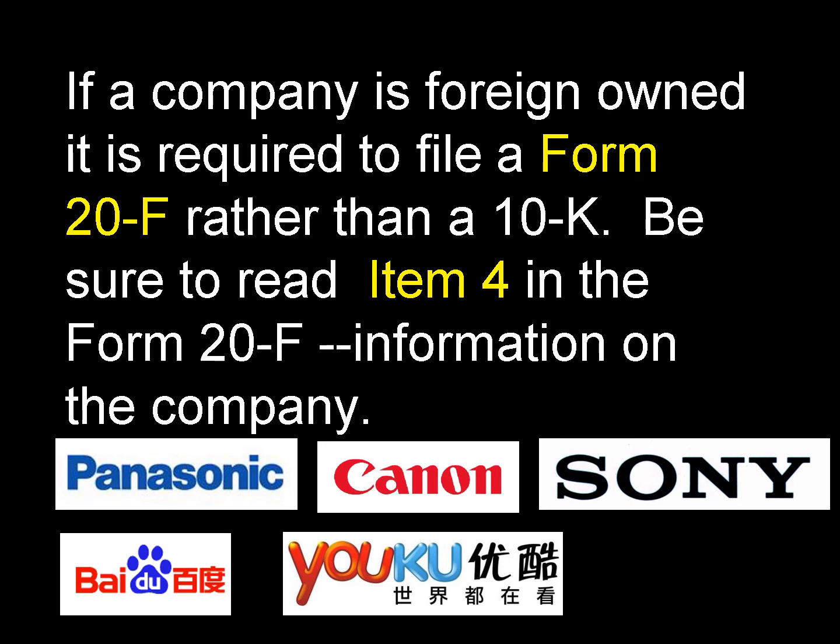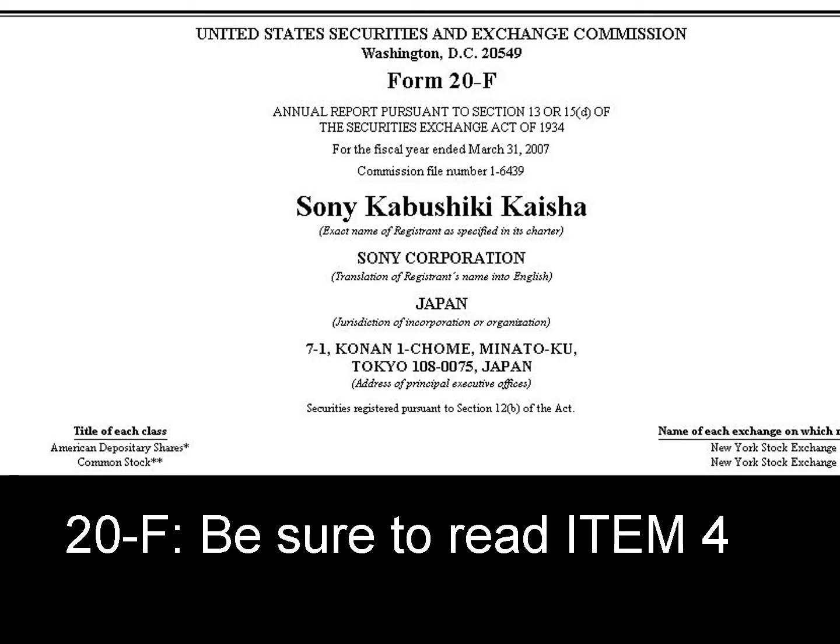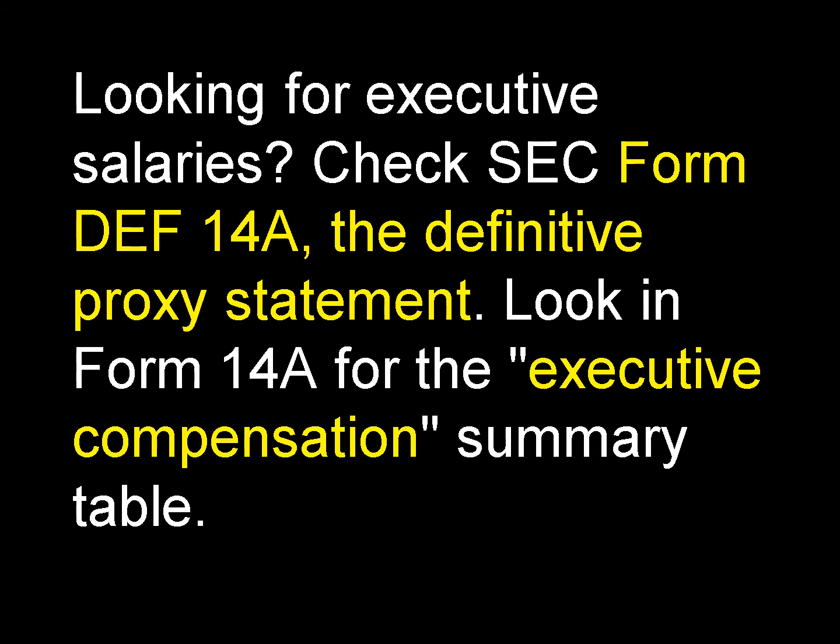And in that form, you want to focus in on Item 4. Item 4 will give you the information you need about the company. All right, so if you're going to do a foreign-owned company, you want to find the 20F and be sure to read Item 4.